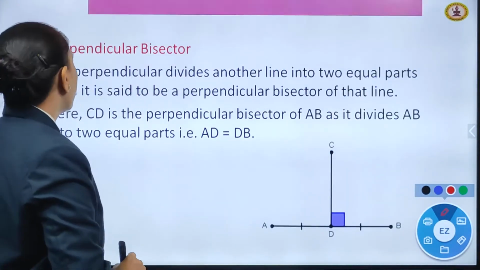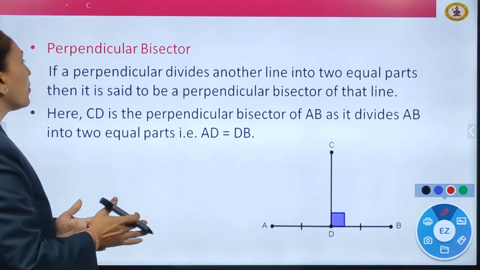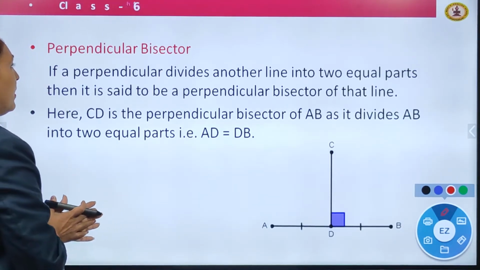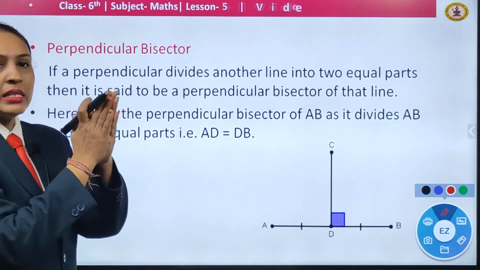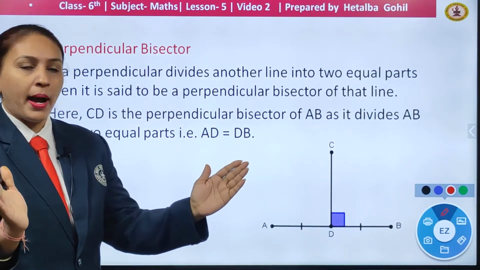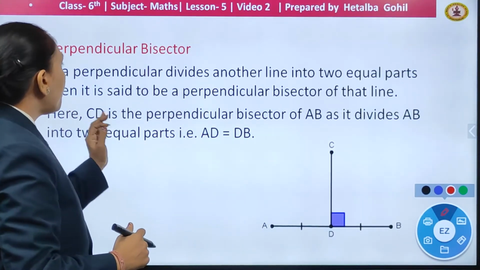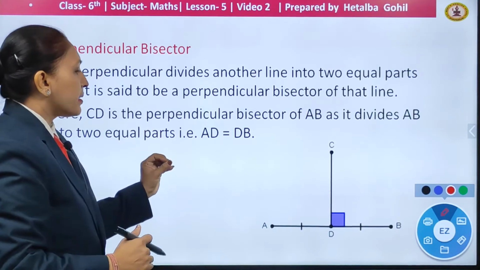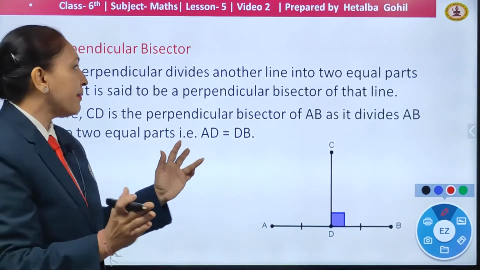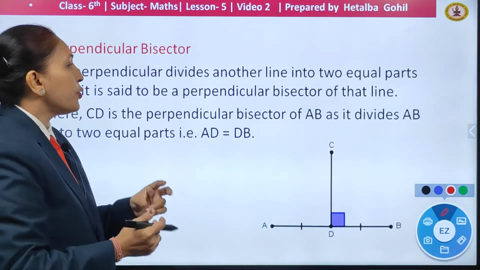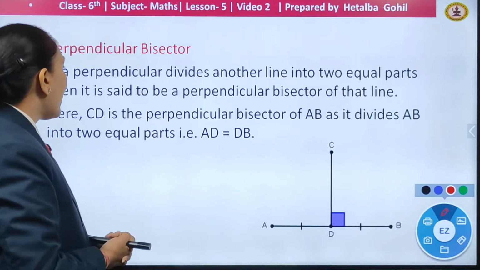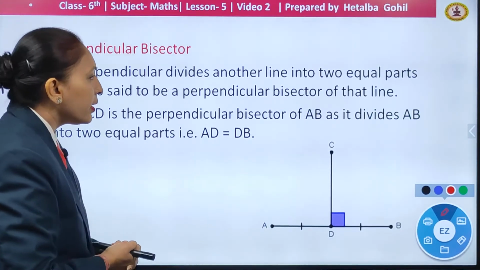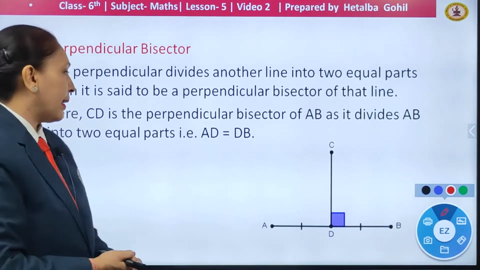Now perpendicular bisector. Bisector means something that divides one into two parts. So if a line divides another line into two equal parts, then it is said to be a perpendicular bisector of that line.